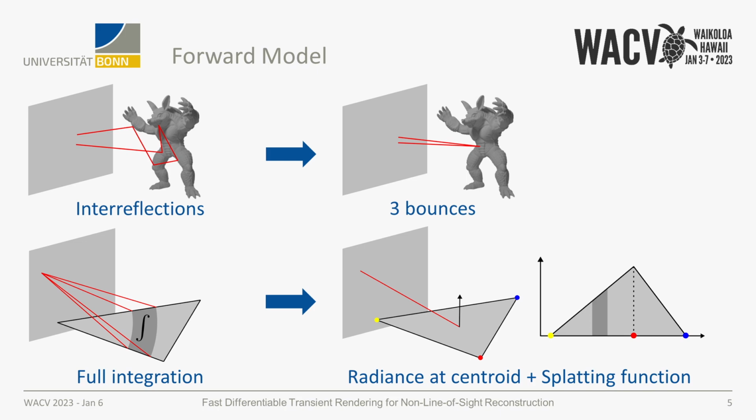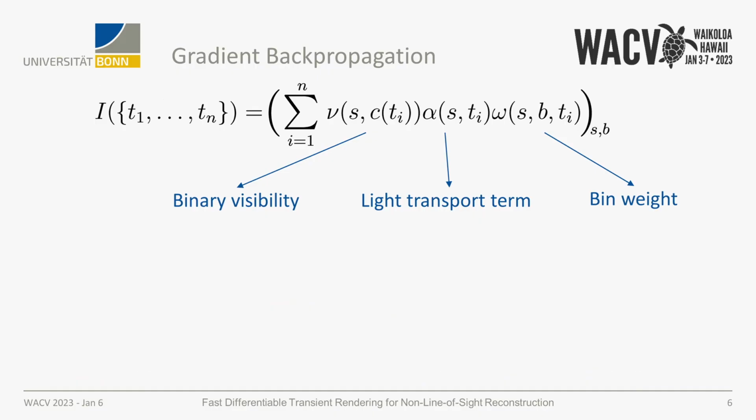For each triangle, the radiance is assumed to be constant over the whole surface and computed at its centroid. To temporally distribute the returning light, a splatting function based on the distances of the triangle vertices is used to splat it into the corresponding bins of the transient image. Summing over all triangles and performing a binary visibility check results in the full model.